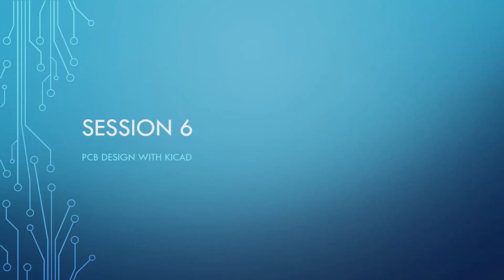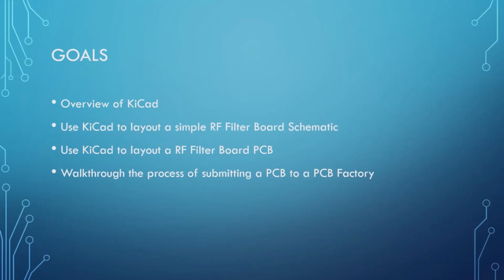So our goal is I'm going to start out and give you an overview of KiCad. We're going to use KiCad to lay out a simple RF low-pass filter schematic. And then we're going to use KiCad to lay out that schematic into an RF filter board PCB. And we're going to do this with the surface mount devices in mind.